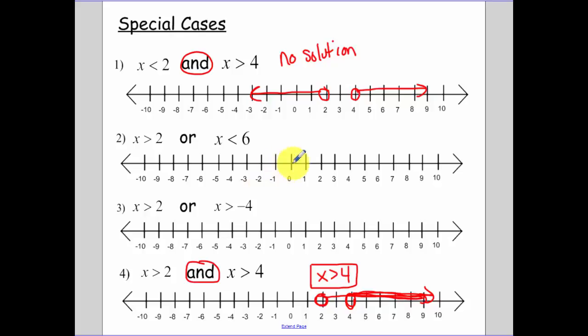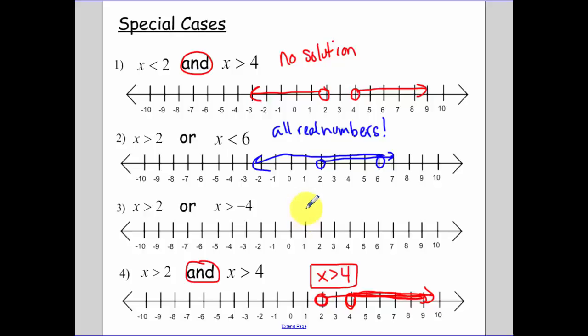Now with an or, we are greater than 2 or less than 6. What have I shaded twice? What numbers make one or the other one true? This ends up being all real numbers.